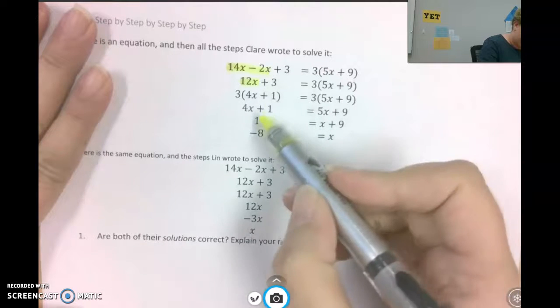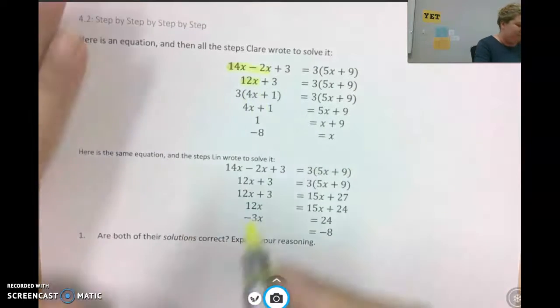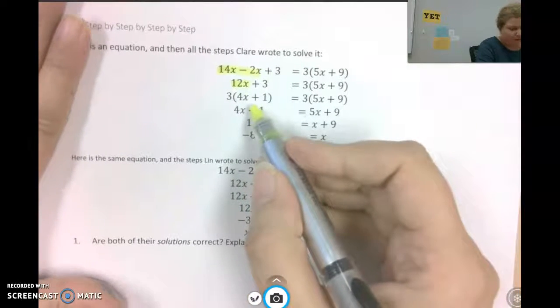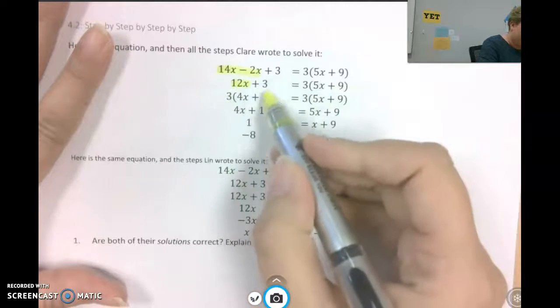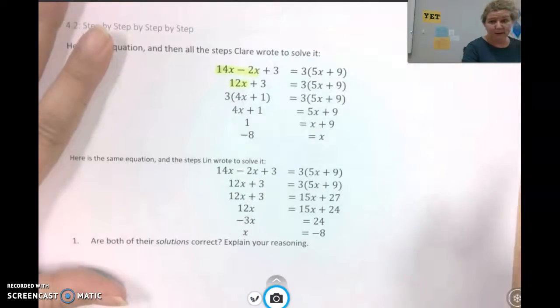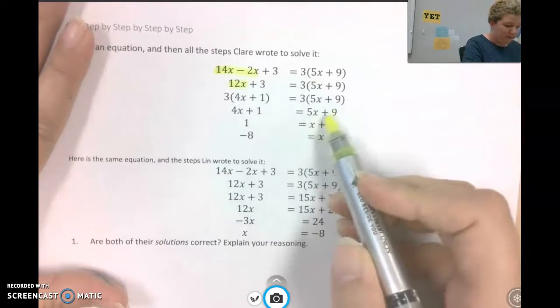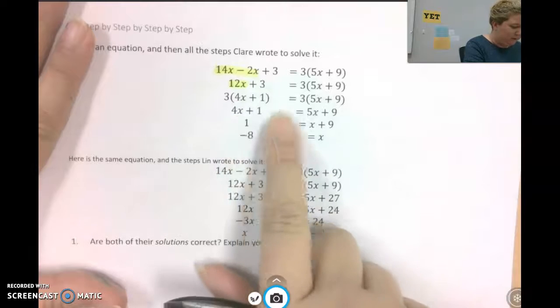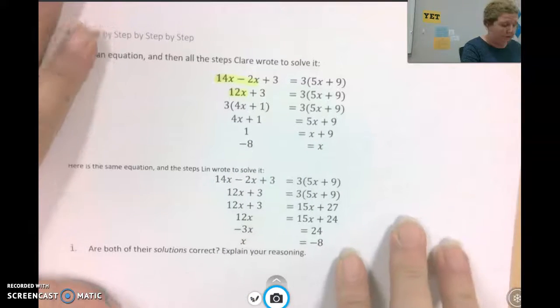Then they have factored out a 3. And we did that when we were doing expressions. So they factored out a 3. 3 times 4x is 12x. 3 times 1 is 3. So that's correct. Okay. And then they've divided each side by 3, which gives me 4x plus 1 equals 5x plus 9. So far, so good.